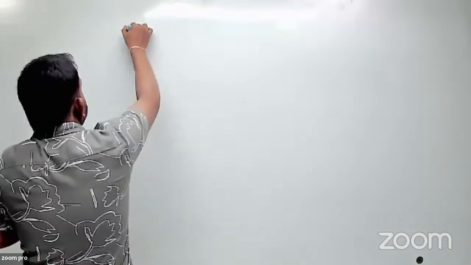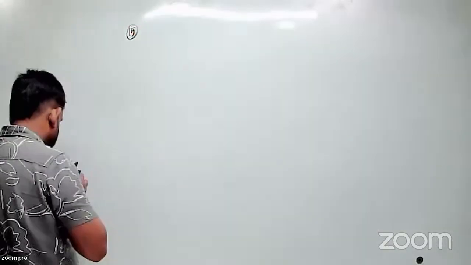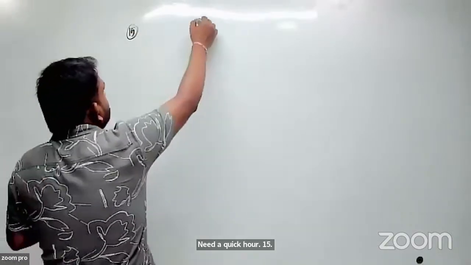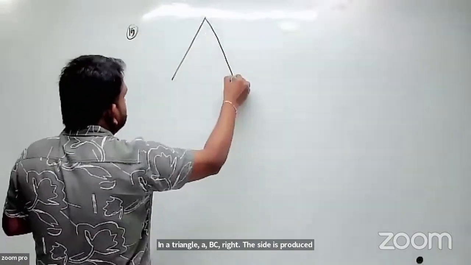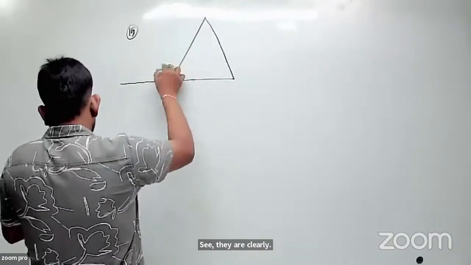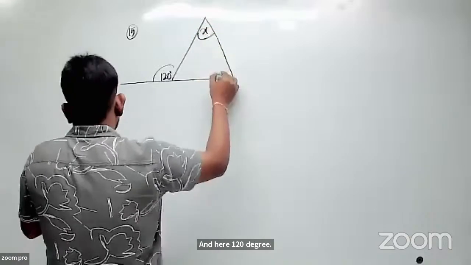See the question number 15. In a triangle ABC, right, this side is produced. See there clearly. And here 120 degree, and here x, and here 2x.